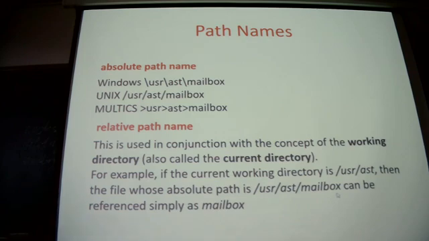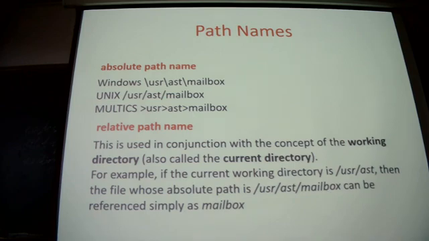For example, if the current working directory is USR AST, this is the current working directory, and the absolute path is USR AST mailbox.